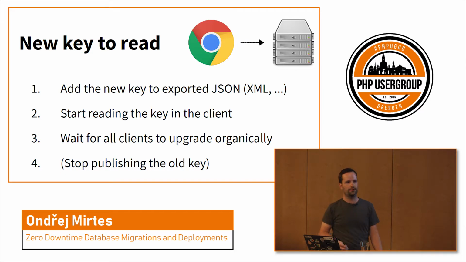And once you are sure that most of your users are on the new client version, you can stop publishing the old key. So all these approaches are very similar, and you can probably see the analogies between the database migration and these other kinds of migrations.